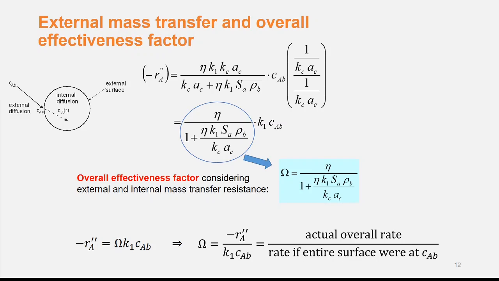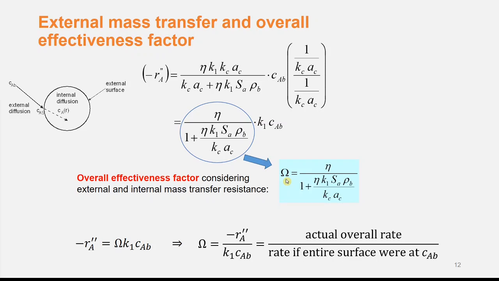But now in this lecture, it is in terms of C_AB, the bulk concentration. This constant is called the overall effectiveness factor with the symbol of capital omega, and it takes into account the resistances due to external diffusion, internal diffusion, and reaction.